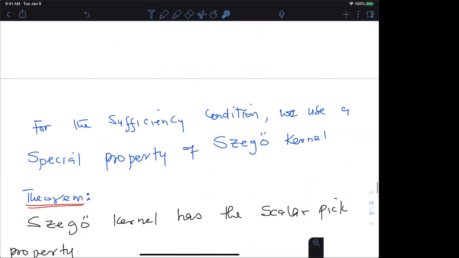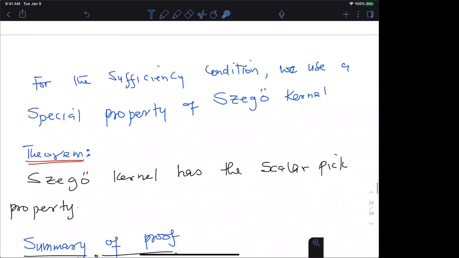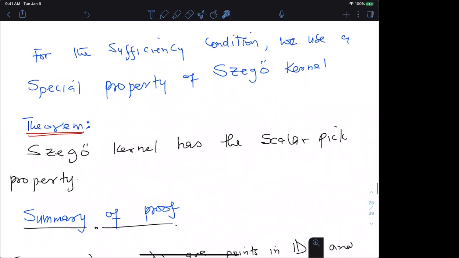Now that is only the necessary condition, but for the sufficiency condition, we use a special property of the Szegő kernel. So the Szegő kernel has the scalar Pick property. And here I'm saying scalar Pick property because the Pick interpolation problem has a matrix valued version.